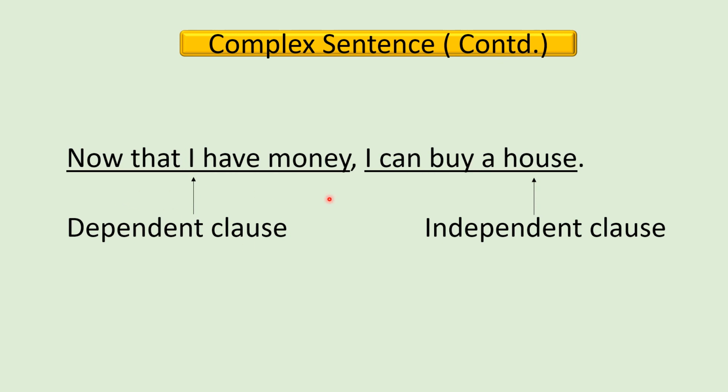So what to do if you have money? It's not giving us a complete idea. So this part of your sentence is dependent on the second part of the sentence. Independent clause plus dependent clause makes it a complex sentence. Now I want you to pay attention in the next slide. Why? I'll show you.